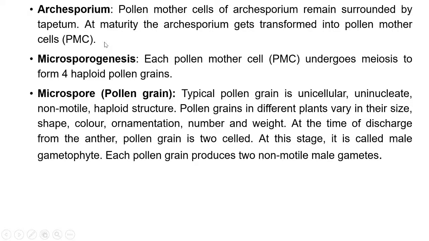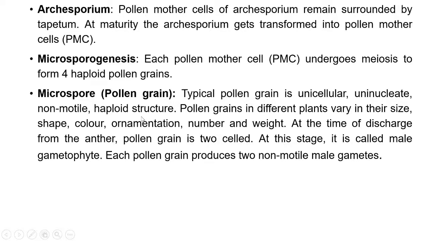Microspore mother cells are diploid before division. Microsporogenesis. Each pollen mother cell, that means PMC, undergoes meiosis to form four haploid pollen grains. That means development of pollen grains from the pollen mother cell is called microsporogenesis. At the center of the sporangia there are pollen grains or microspores. A typical pollen grain is a unicellular, uninucleate, non-motile, haploid structure.